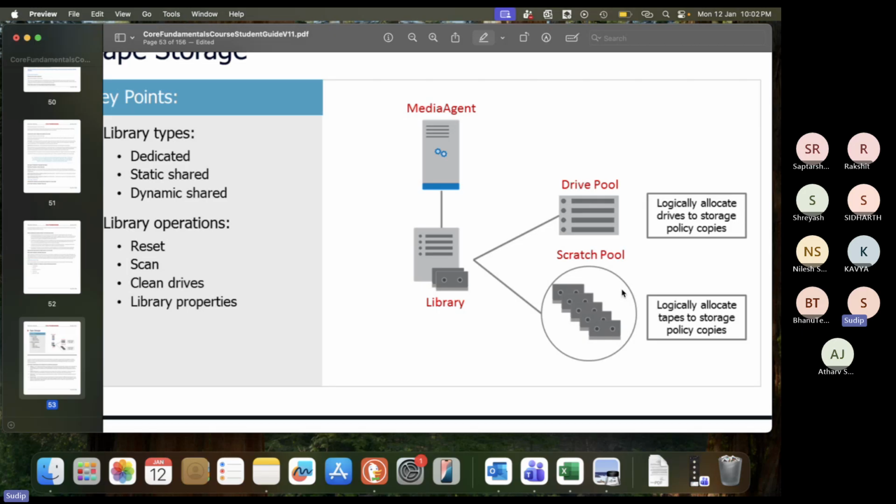All these factors will come into play whenever you are trying to architect and size a solution wherein you have to ensure that even if you are writing to tape, the backup copies are completing within the stipulated time frame, which in backup terminology is called the backup window. So the backups have to complete within the stipulated backup window.